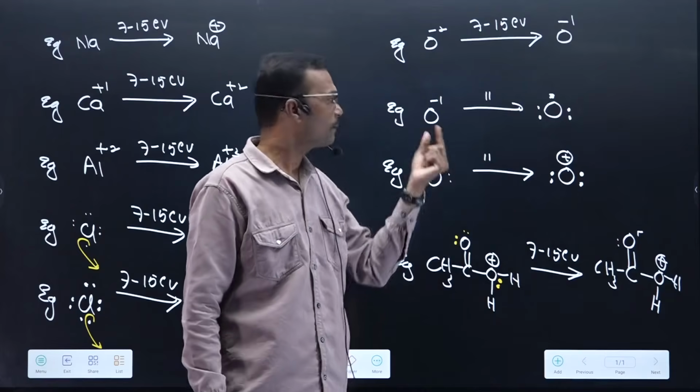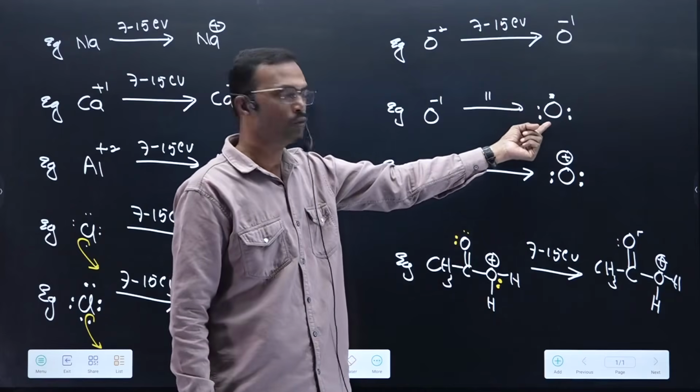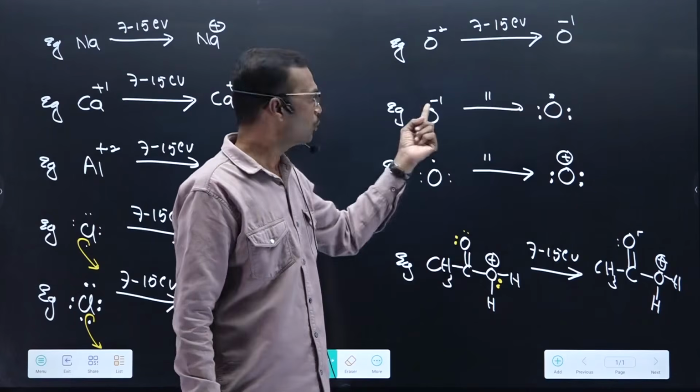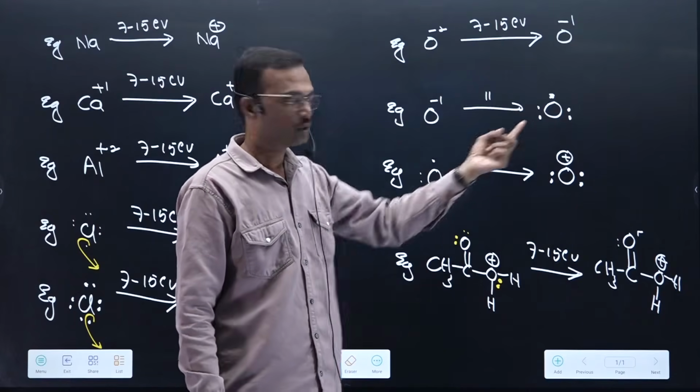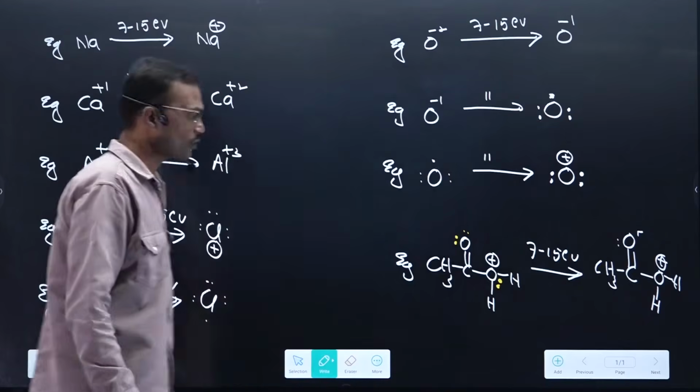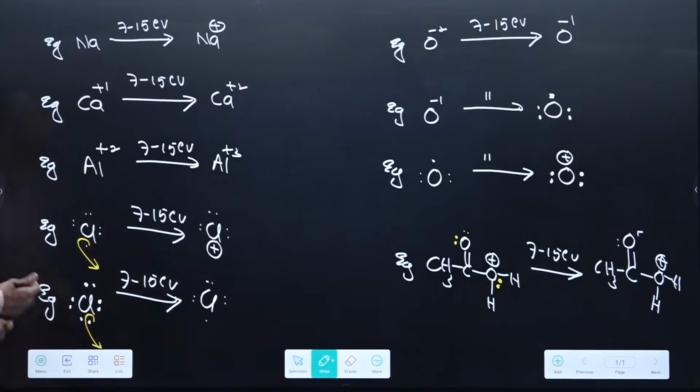So they will ask like that. What is the molecular ion of this O radical? O minus 1 is a molecular ion. This is the molecular ion whose source is this one. Right.